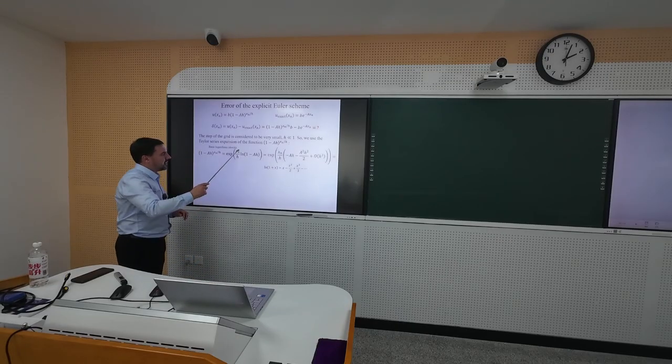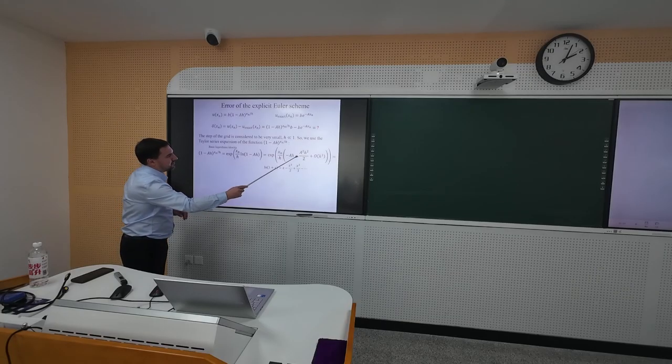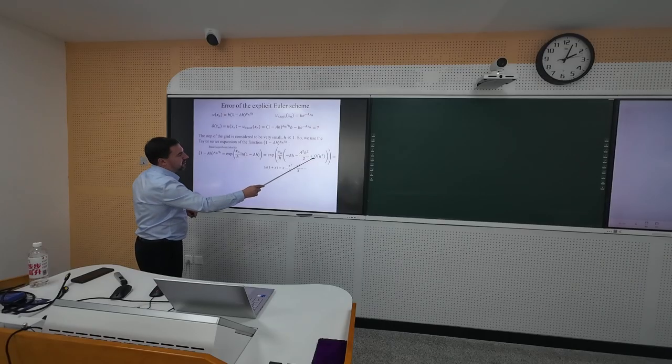And so we substitute the logarithm of 1 minus ah using this formula. So here, not x, but minus ah. That is why it is minus ah minus the second power of this term plus big O of h cubed.